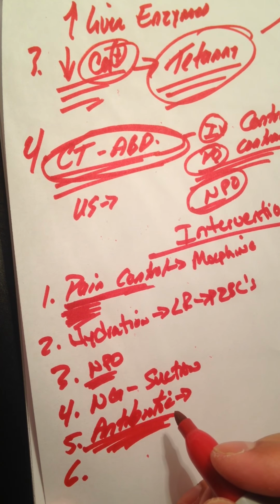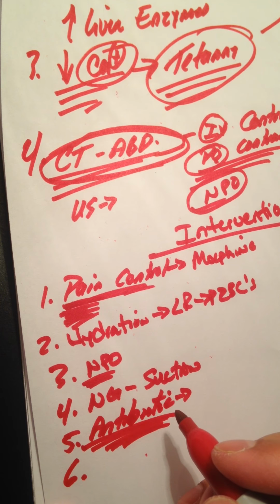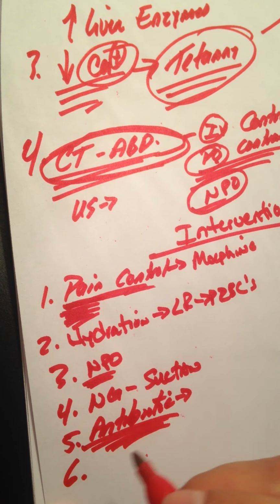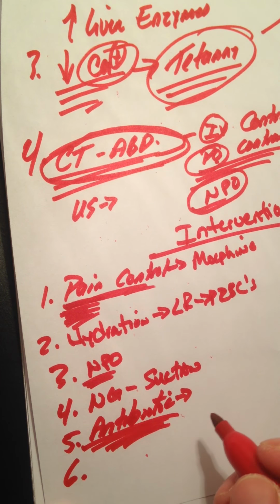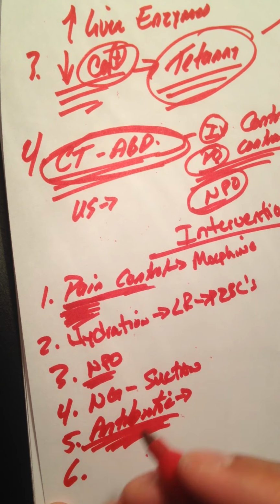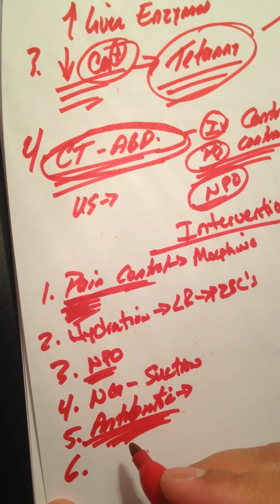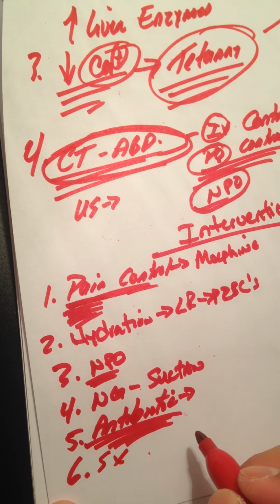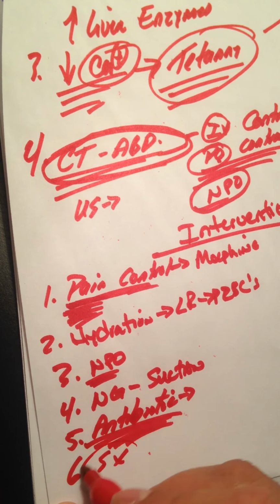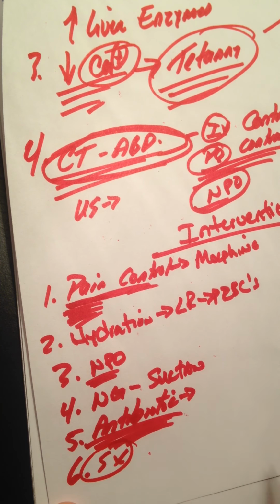If the problem is due to a gallbladder stone obstruction, then you would remove the gallbladder. And again, this would be ordered by the physician, right? He would take care of this problem. So some type of surgery may be performed. And again, you would do all your interventions for a surgical patient.